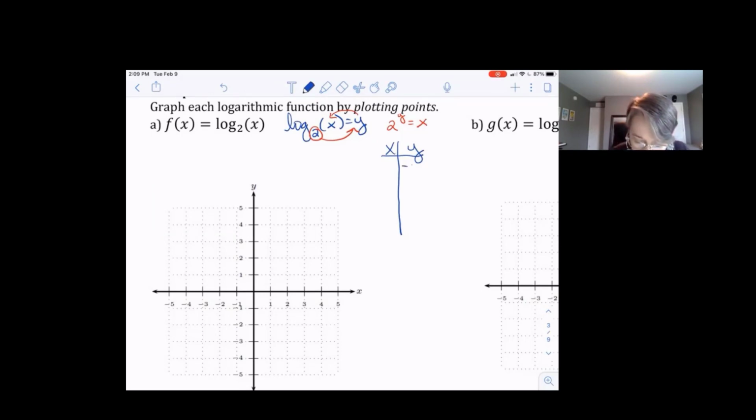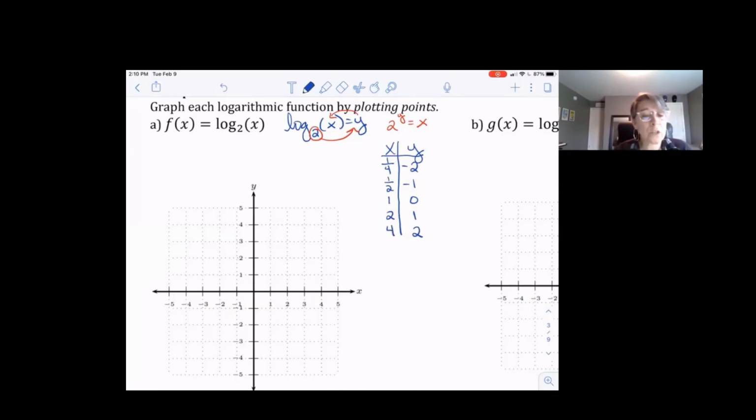So we can go from -2 all the way to 2 with our integers and plug it in. So 2 to the -2 would give us an x value of 1/4. 2 to the -1 gives us an x value of 1/2. 2 to the 0 is 1. 2 to the 1 is 2. And 2 squared gives us 4.